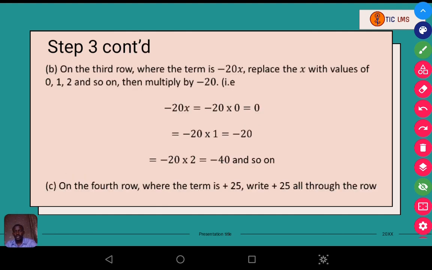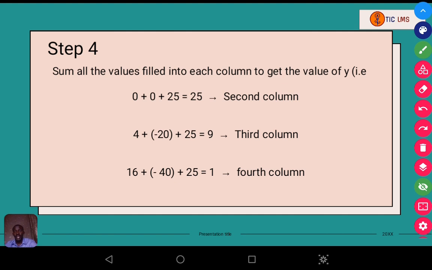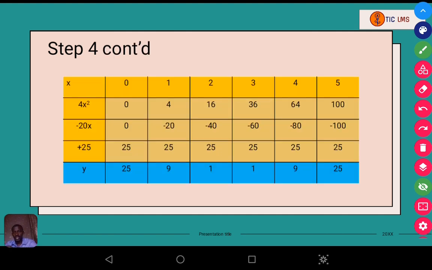Step 4 says that on the third row, where the term is negative 20x, replace the x with the values of 0, 1, 2, and so on, then multiply by negative 20. Okay, just as you have here. Then on the fourth row, where the term is positive 25, write positive 25 all through the row, and then we sum. Okay, so let's see how these steps are carried out.